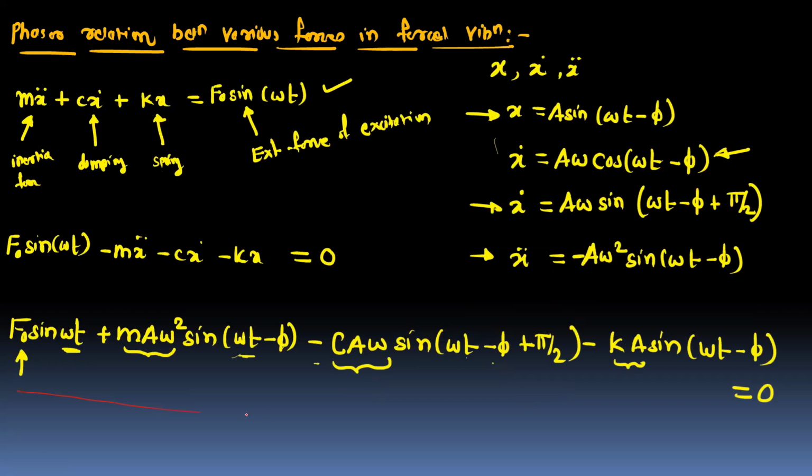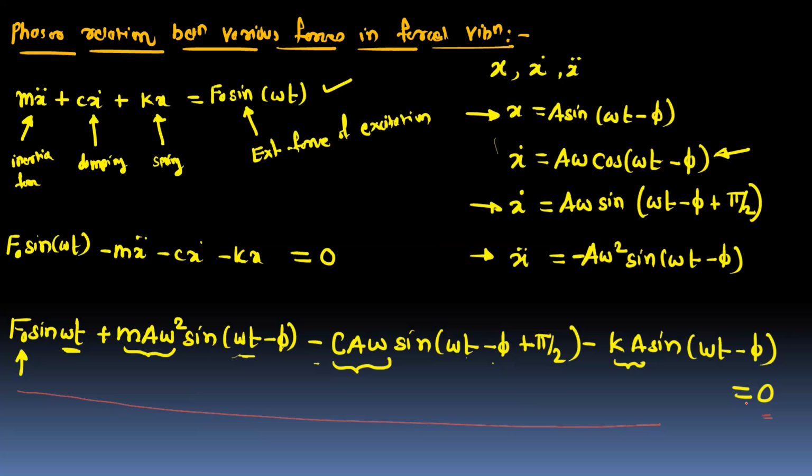Now we can convert this diagram into a polygon, because if you observe this equation, this complete equation is equal to 0. That means the summation of all the forces in that phasor diagram is 0, so the resultant value is 0. You have studied the polygon law in your first year mechanics. If the resultant is 0 for a particular system, then the polygon must be a closed polygon.